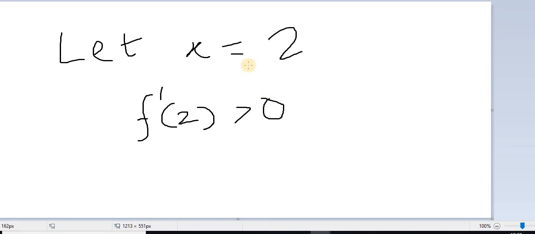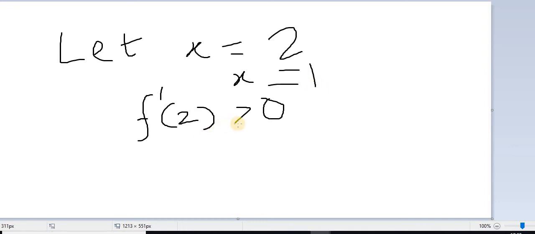You take x is equal to 1.5 or 1, like that, and check again. If f dash 1 is 0, then you assume that this is the minimum of the cost function.